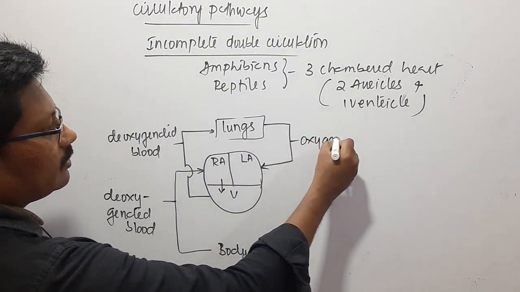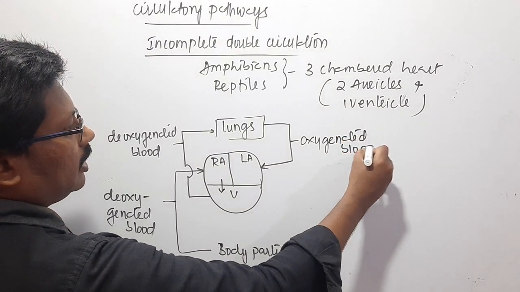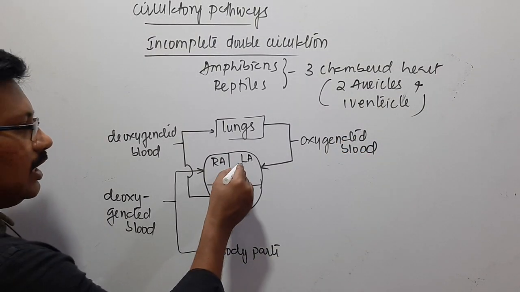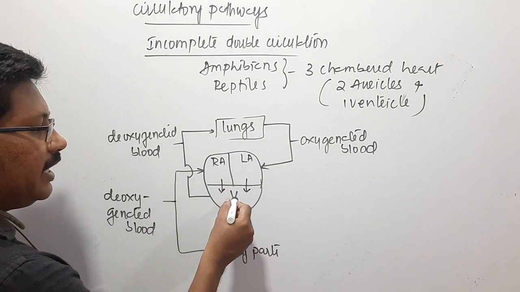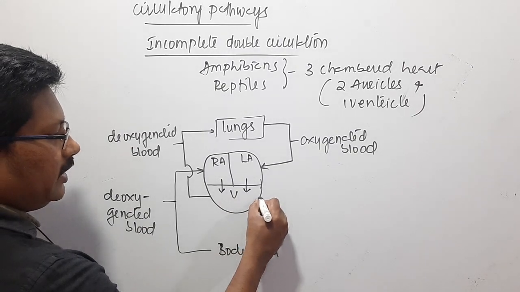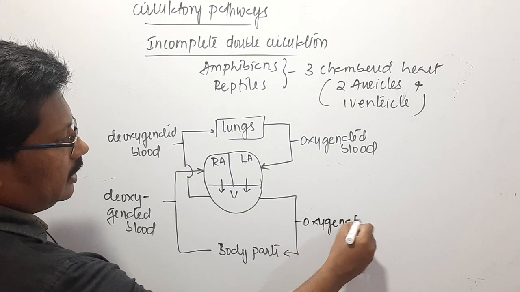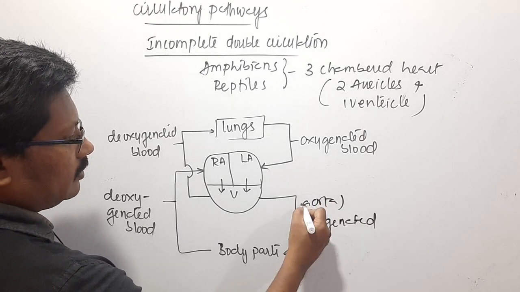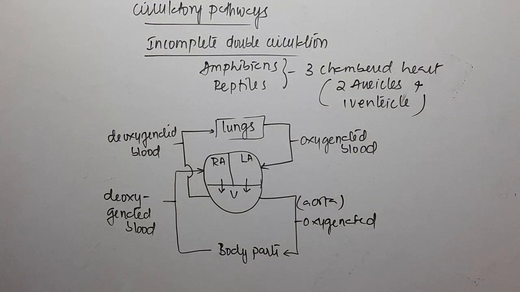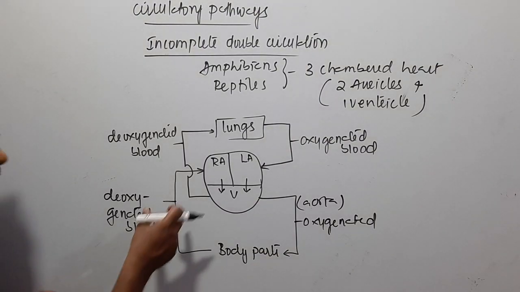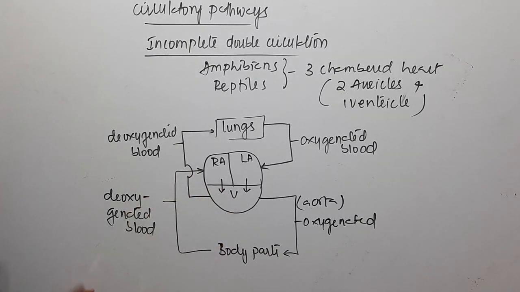From the left atrium the oxygenated blood enters into the ventricle, and from the ventricle the blood finally comes to the body parts through the aorta. So here there is a mixture of oxygenated and deoxygenated blood, and the mixed blood will be supplied to all parts of the body.